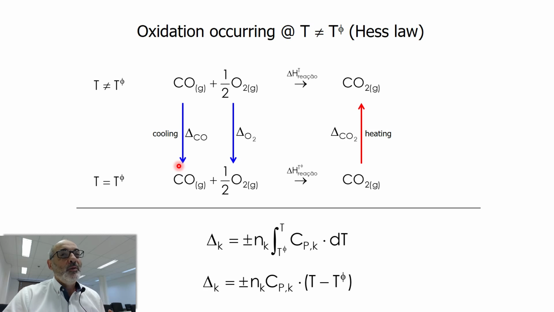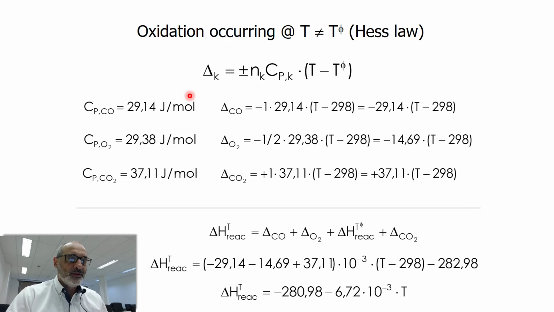Remember, when we give heat to the system, we consider this positive heat. When the system, in this case CO, releases heat, this means negative. So negative here is because heat is being removed from CO.